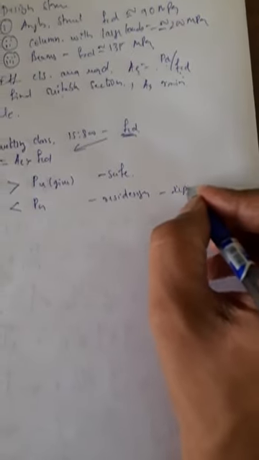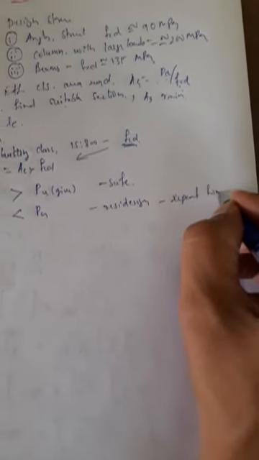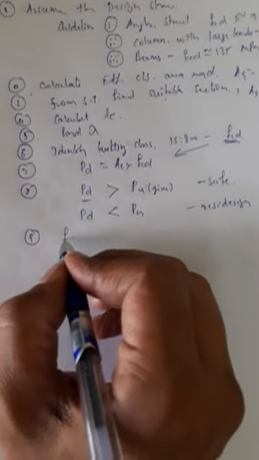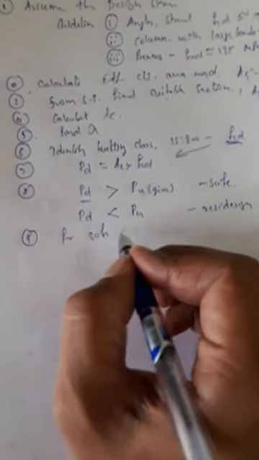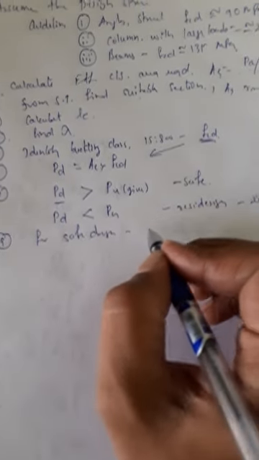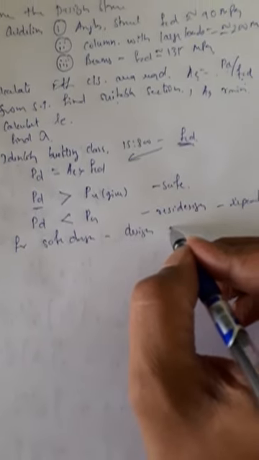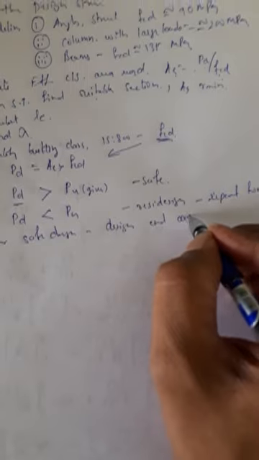Repeat from step 2. Next, for safe design, design the end connection. If it is bolted or welded, you have to design the suitable end connection also. This completes the design of a column member.